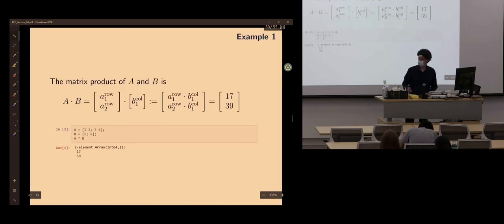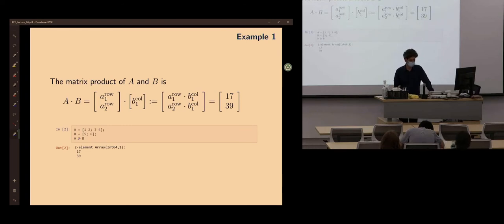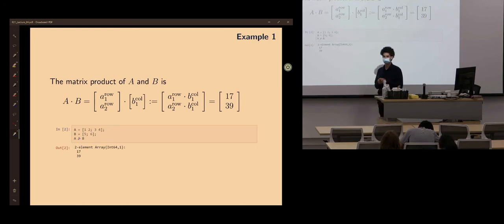And let's try this in Julia. So the same asterisk operator that we used for the matrix-vector product is actually the matrix product. Because vector multiplication, if their dimensions make sense, is the special case of matrix multiplication.